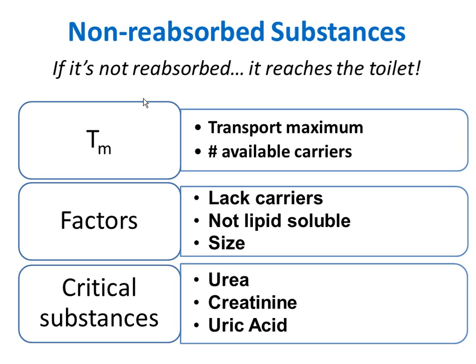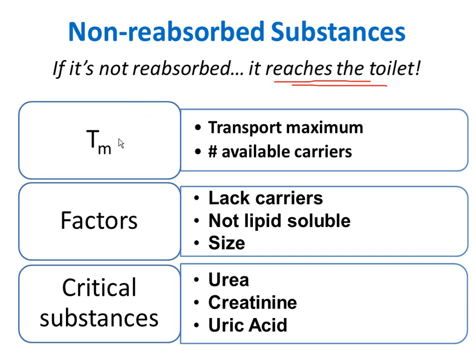Grab an amino acid, pump it to the blood. When you do all of that, that's reabsorption. It's just the selective choosing of molecules in the filtrate to return them to the blood supply. Now for the molecules that are not reabsorbed, they end up hitting the toilet. So whatever you leave behind is not going to be saved, obviously, and it becomes part of the urine.